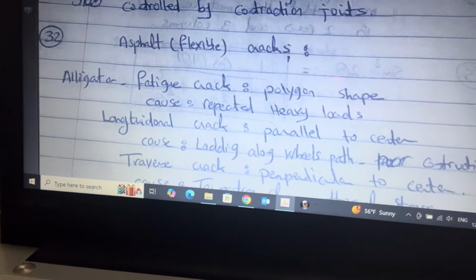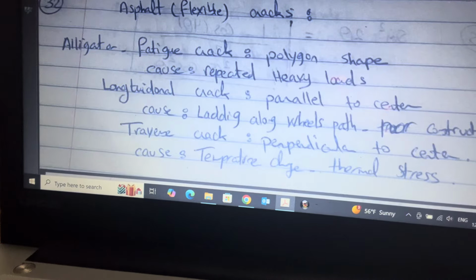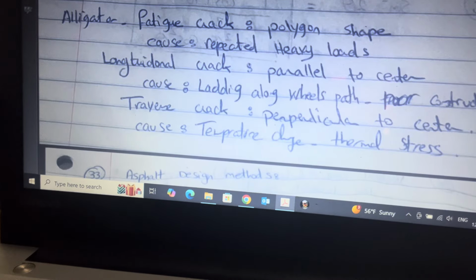And we have for the pavement asphalt cracks. We have different types of cracks happening for the flexible asphalt. Alligator or fatigue crack, and it looks like a polygon shape, and the cause of that is repeated heavy loads.